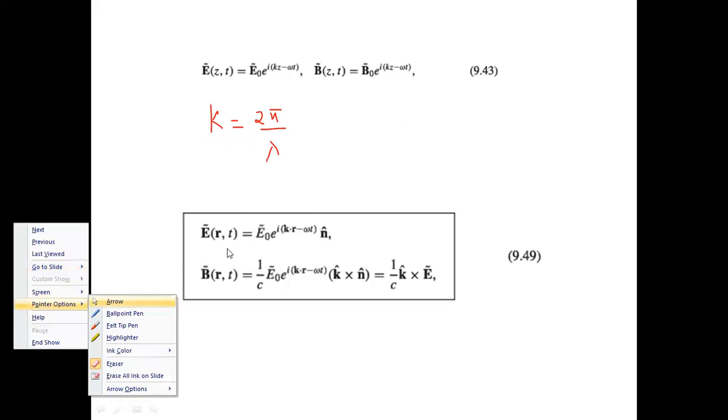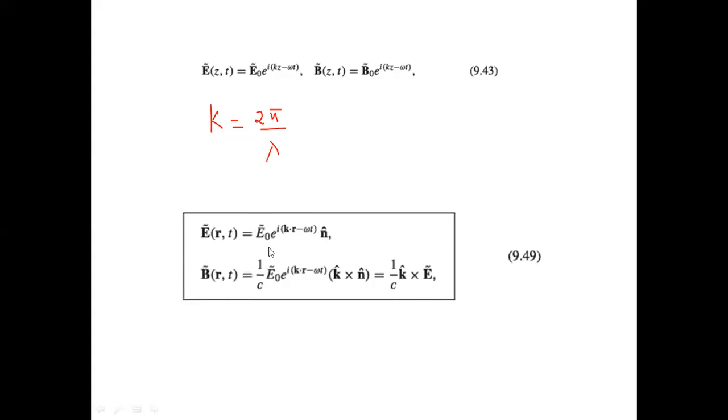Here this n cap is the unit normal to the plane of polarization, and it denotes the plane of polarization or the direction of polarization of this light.